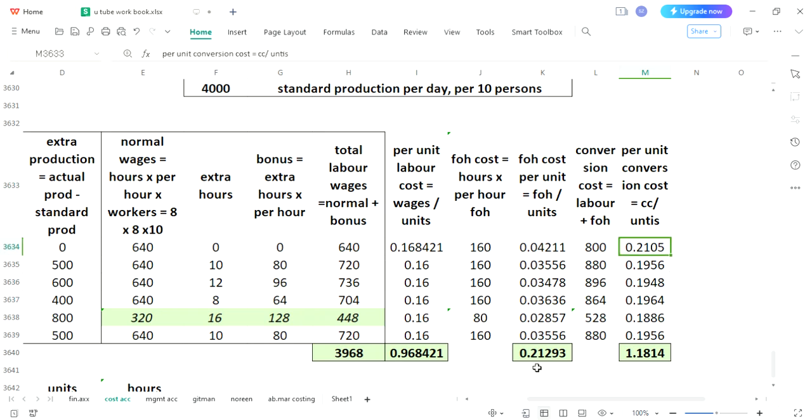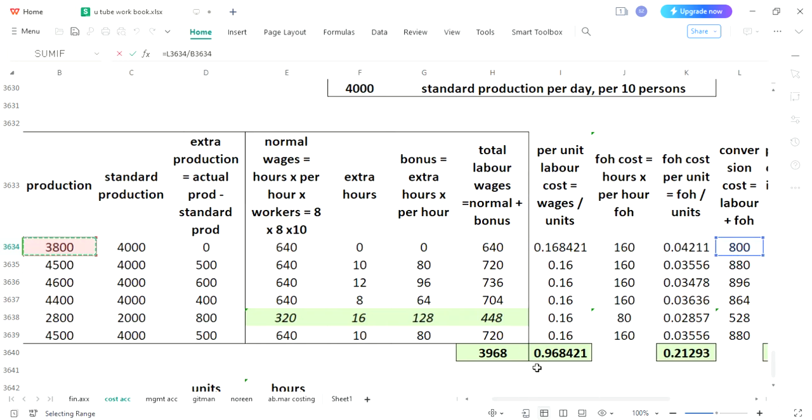Please let me show you a different way I was able to calculate. Per unit conversion cost was needed. This is your conversion cost, and that was required to be divided by number of units produced, 3800.